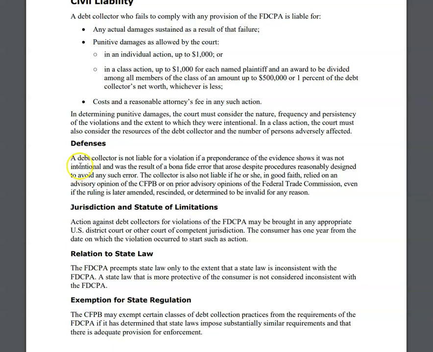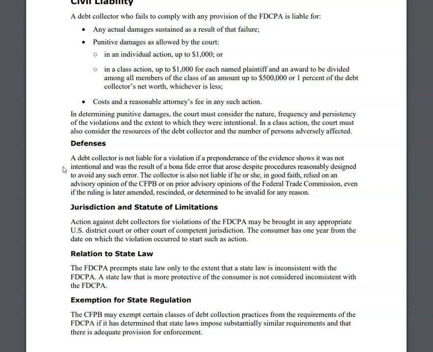Defense. A debt collector is not liable for violations if a preponderance of the evidence shows it was not intentional and was a result of a bona fide error that arose despite procedures reasonably designed to avoid any such error.